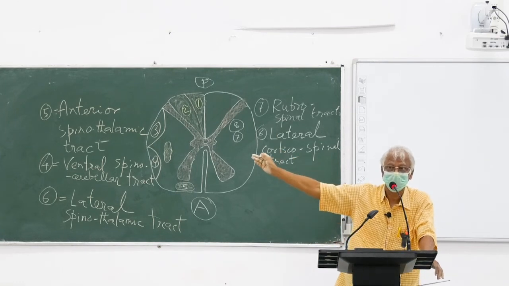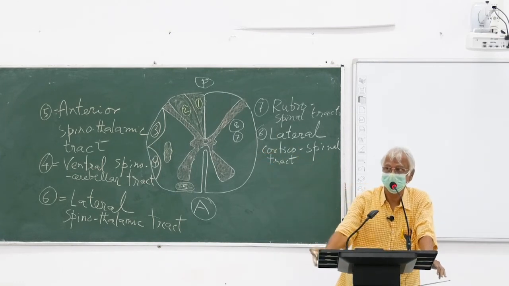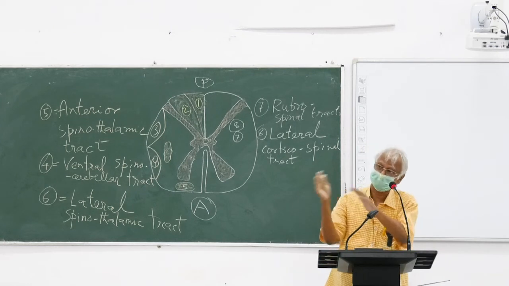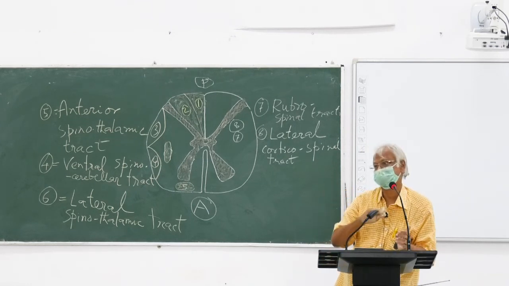All right sided, we have drawn the descending. Actually ascending on both sides, descending also on both sides.